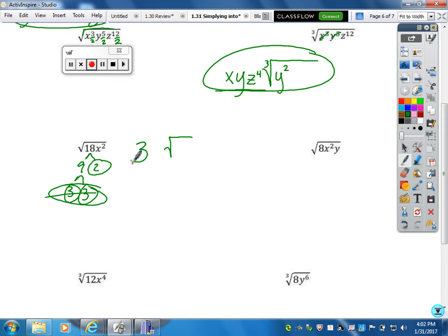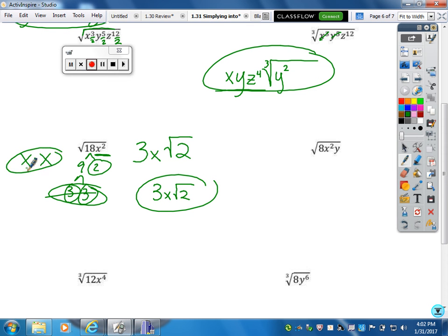I also have an x squared, a pair of x's that gets to escape. But inside the radical, I've got a lonely old 2. So final answer is 3x root 2. Again, the reason I have 1 x out here is because x squared stands for 2 x's, so a pair got to get out.